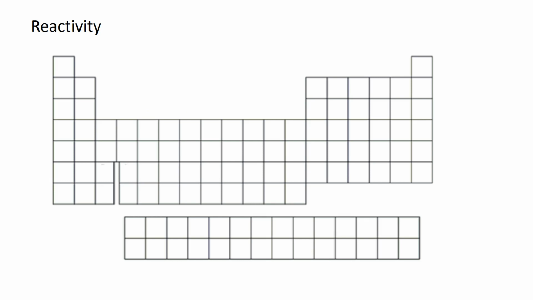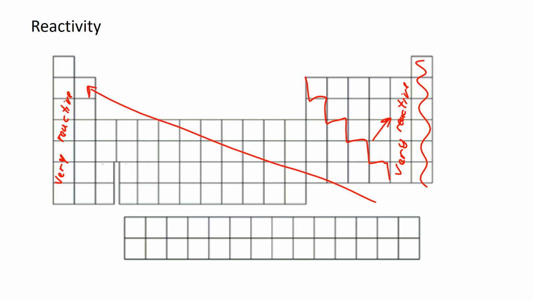This one's a little bit different than everything else. So, this column, and so looking at this, if we have our metalloid line right there, what we're looking at is reactivity kind of increases in that direction from the metalloid line, but it also kind of increases in this direction from the metalloid line as well.